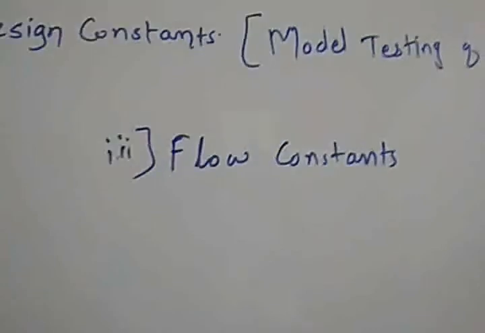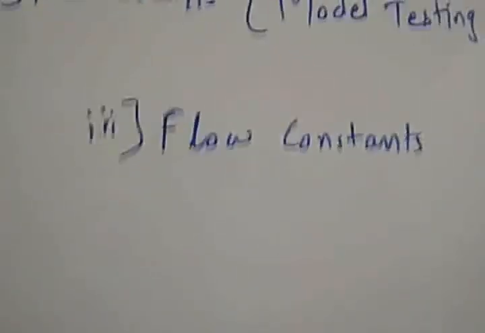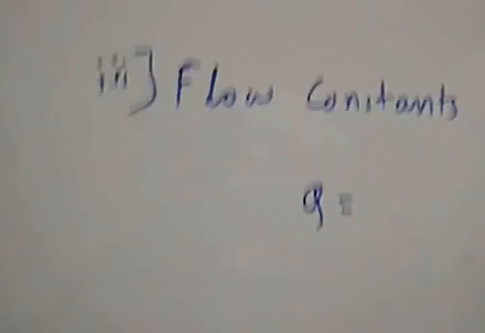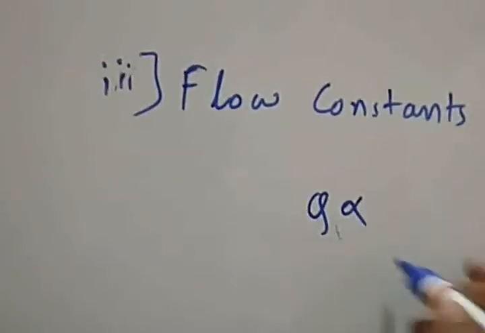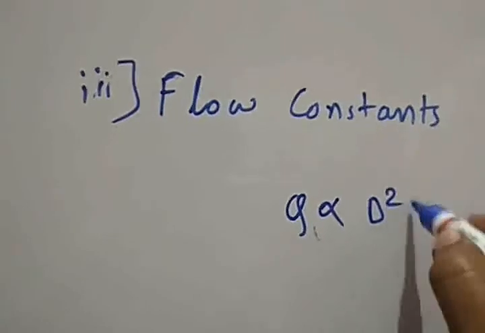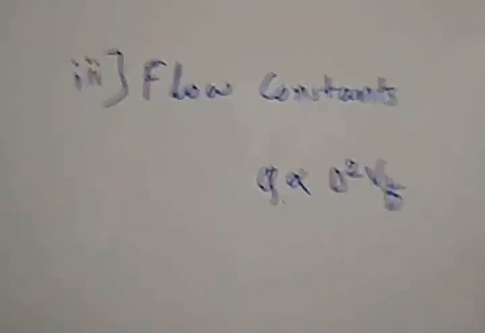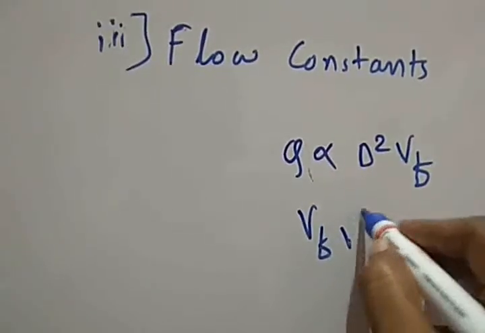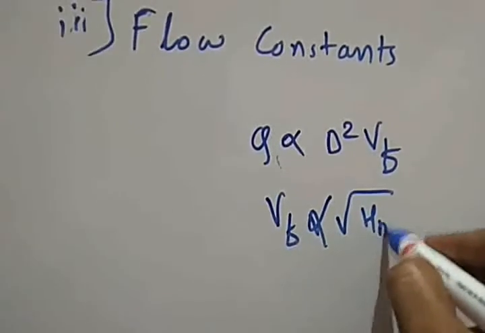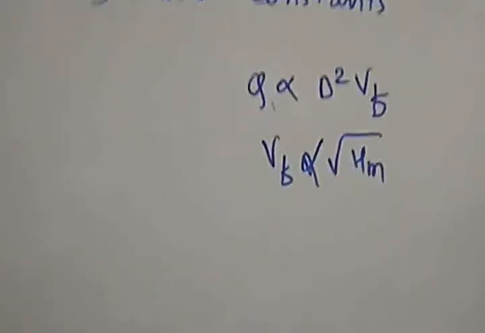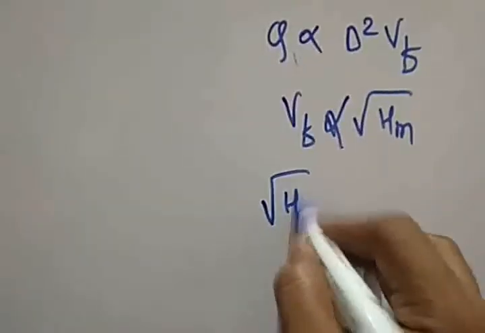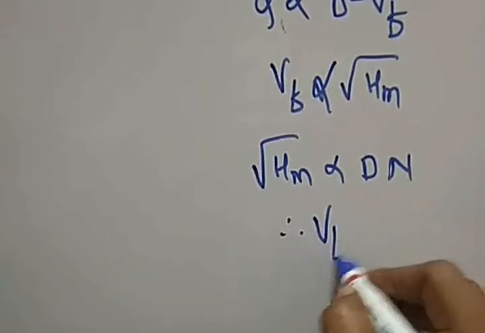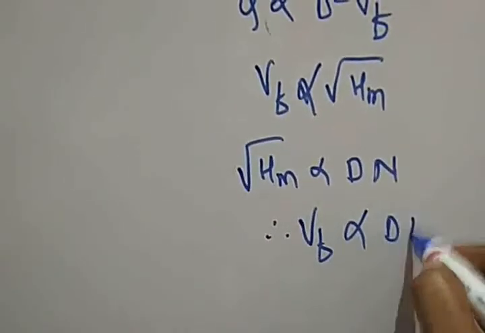Next is flow constant. For flow constant, we know that the volume flow rate Q is proportional to d square Vf. Again Vf is proportional to root hm, and root hm is proportional to d into n. Hence Vf is proportional to dn.